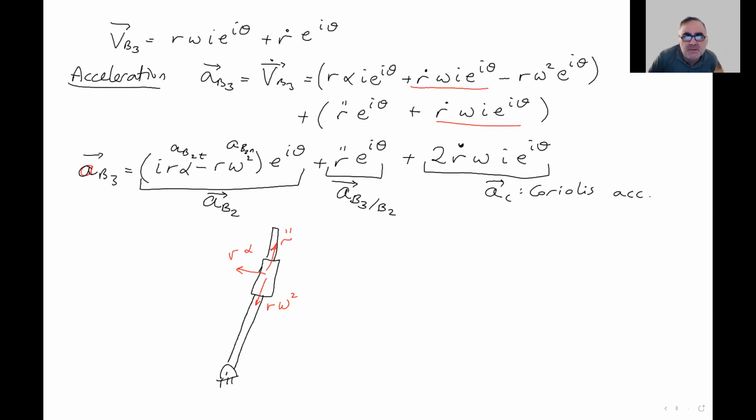But the Coriolis acceleration, let me use a different color here.